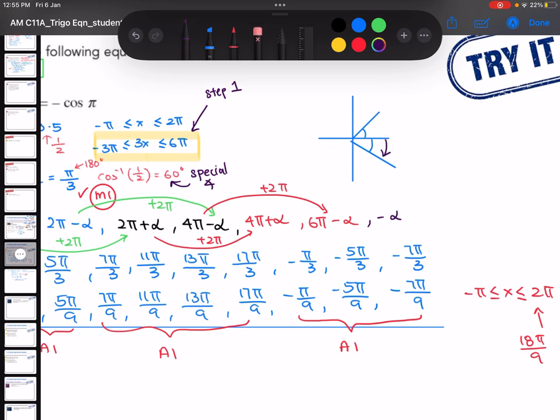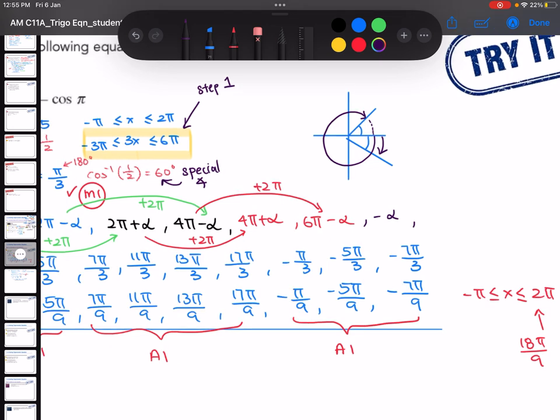So next answer would be, I take negative 2 pi and I backtrack 1 alpha. So negative 2 pi plus alpha. Not done, still got, because every pi will have 1 answer. Let me continue. I turn some more. Last one.